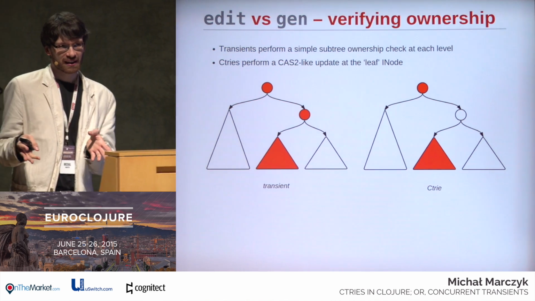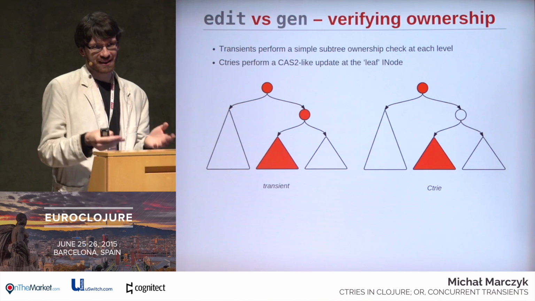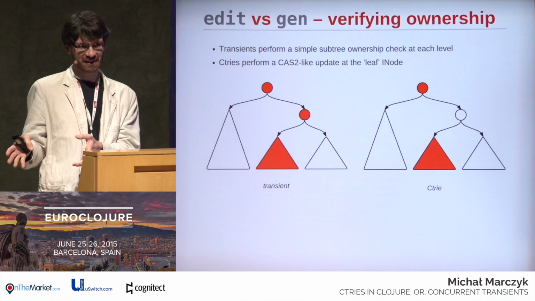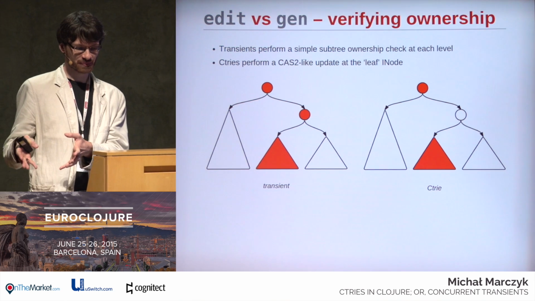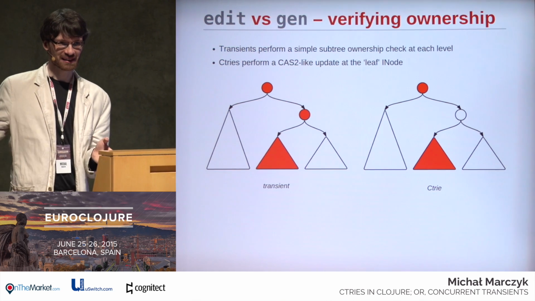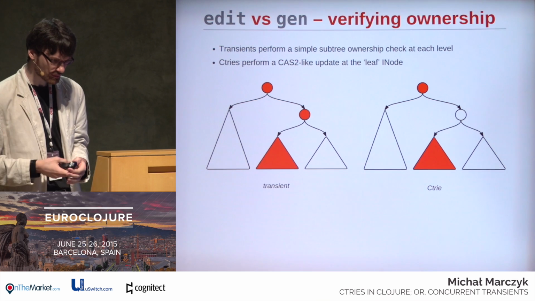If so, then you may presume that you own that particular fragment of the transient, that particular node, and you can just modify it in place instead of replacing it with a new node.